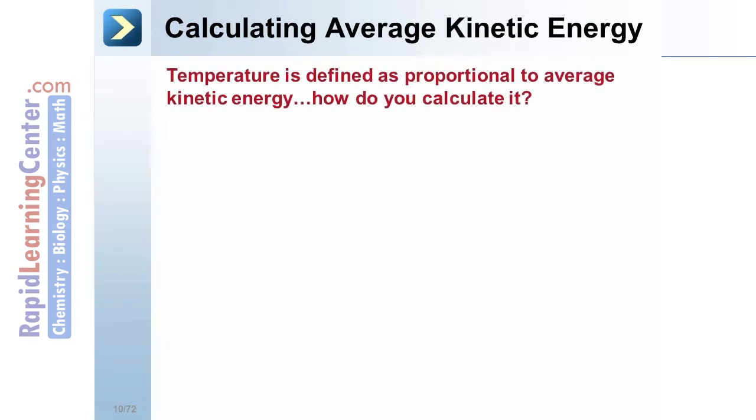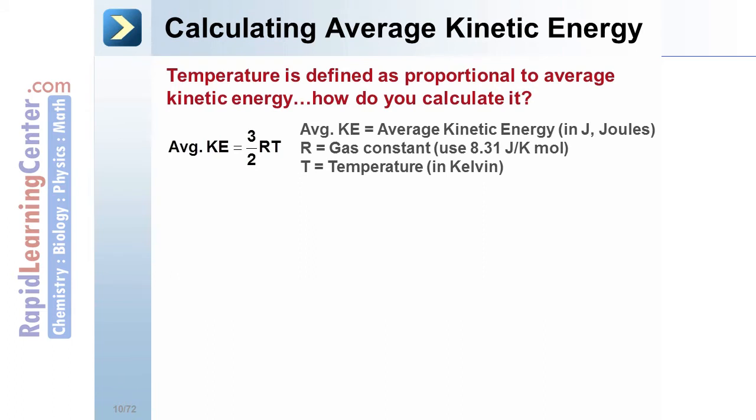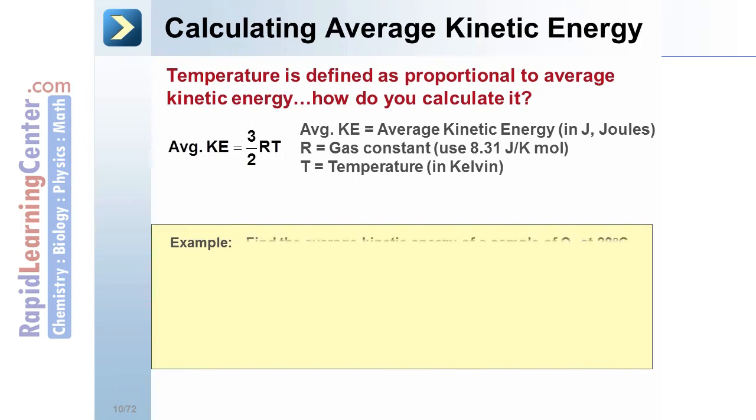Calculating average kinetic energy. Since temperature is defined as proportional to average kinetic energy, how do you calculate it? Take our previous formula. Remember, R is a constant, and the temperature must be in Kelvin. For an example, let's say we want to find the average kinetic energy of a sample of O2 at 28 degrees Celsius. We're looking for the kinetic energy.